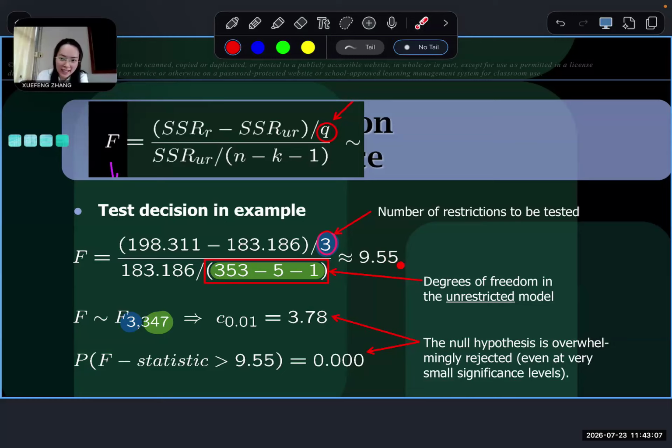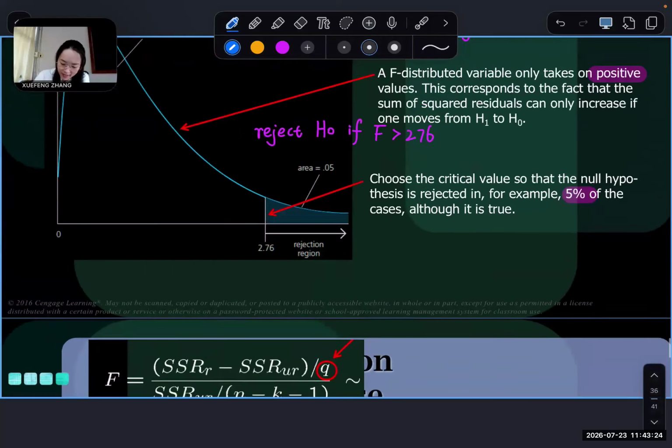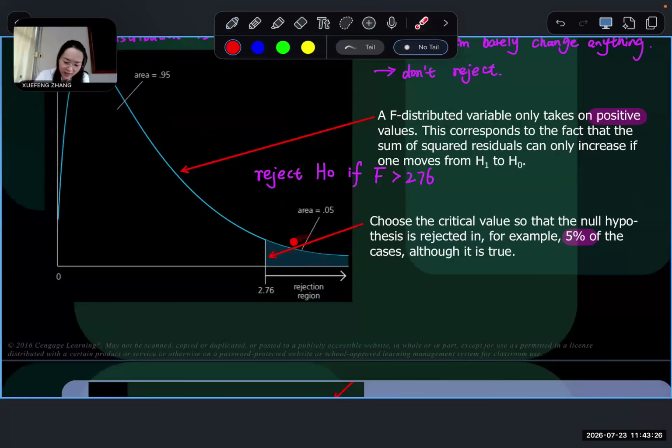You see that 9.55 is way bigger than our critical value, which means it falls in the rejection region.